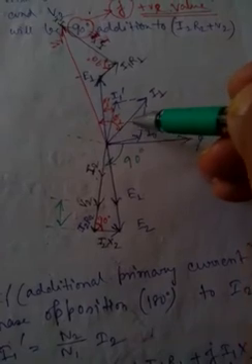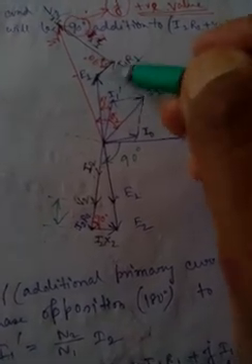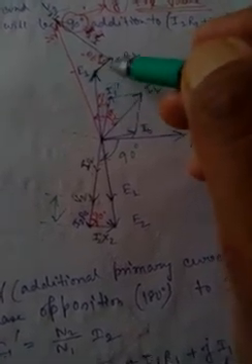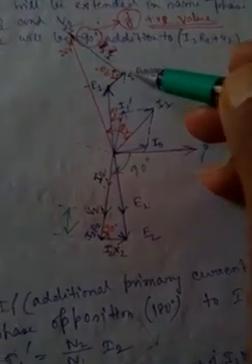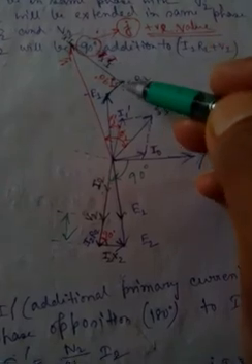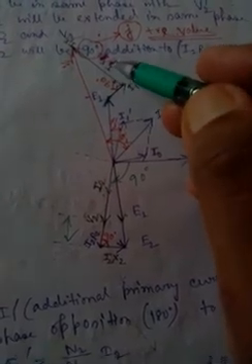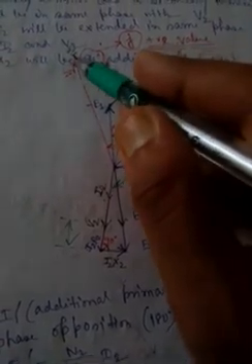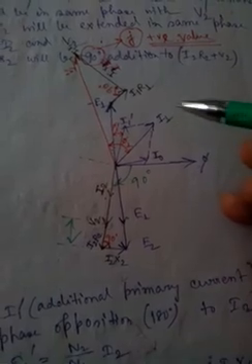It should be in the same phase as I1, so this will be parallel. Then you draw plus jI1 X1, so it is 90 degrees again. The summation of these three will be V1.